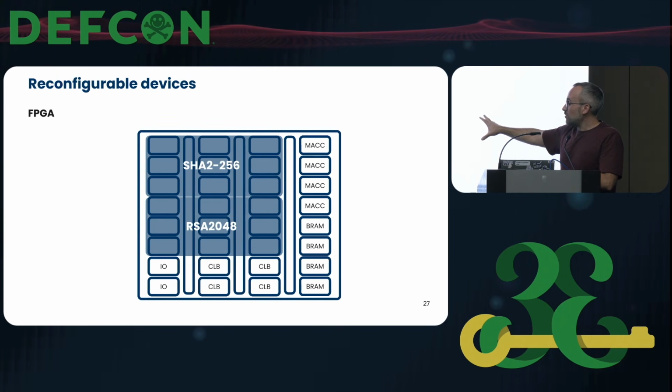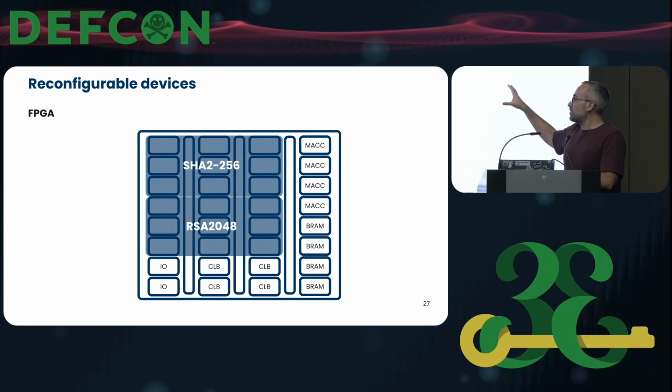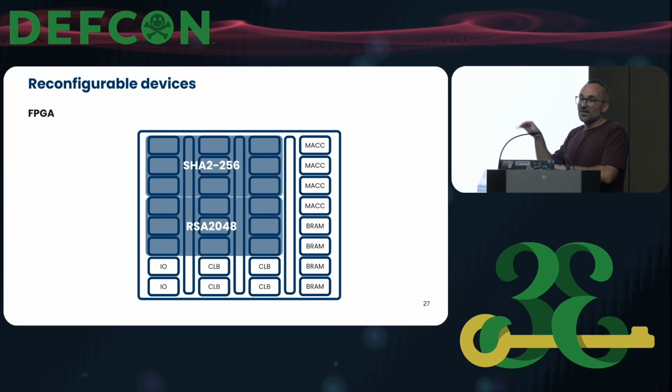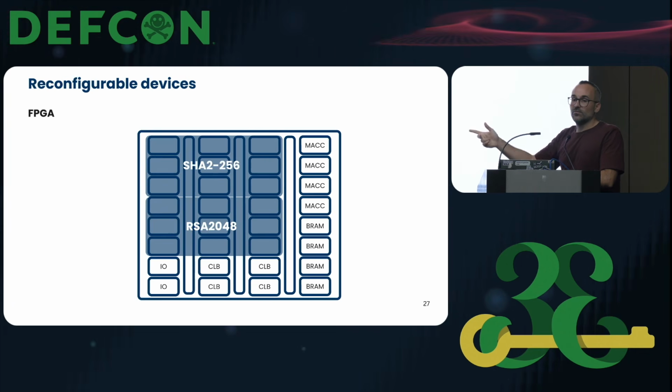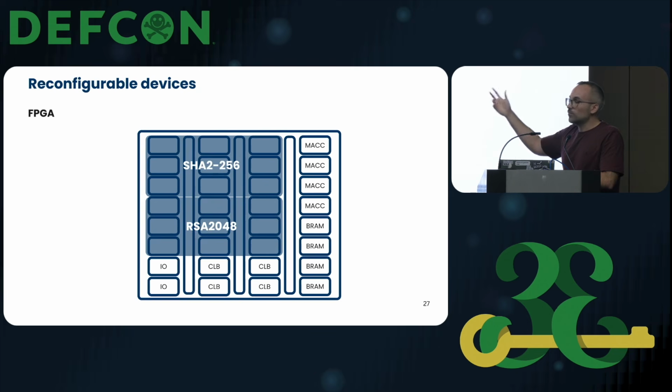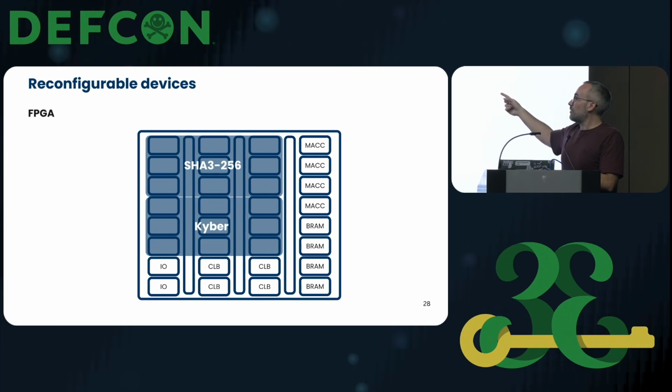And in another part of the FPGA, we can implement an RSA 2048. These two algorithms are implemented in different parts of the FPGA, so they can run in parallel. If any of them becomes vulnerable because of quantum computing or something else, it is easy to change them to a post-quantum algorithm. For example, SHA2 can be converted into SHA3, which is post-quantum, and RSA can be converted to Kyber.